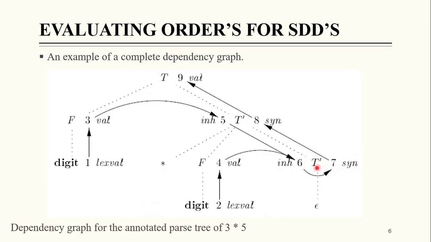And the edge to 8 from 7 is due to the semantic rule associated with the production 2. And finally, node 9 represents the attribute T dot val. So the edge to 9 from 8 is due to the semantic rule T dot val equals T' dot syn associated with the production.